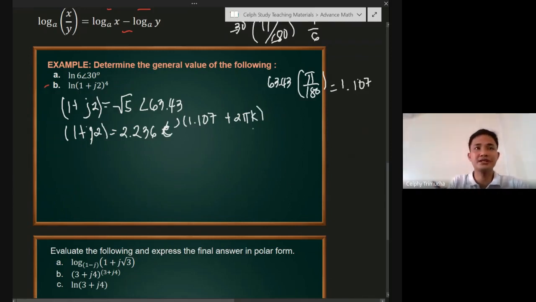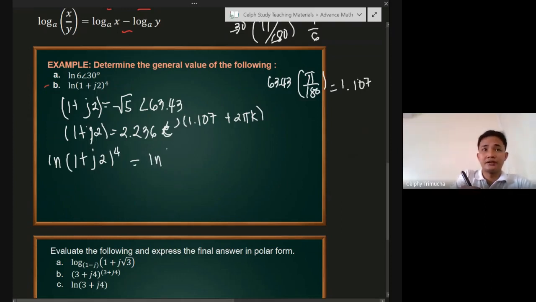So this time we will have to put the exponent 4, raised to the power of 4, and take the ln directly. So we have ln of (1 plus j2) raised to 4, which equals ln of 2.236 e raised to j times (1.07 plus 2 pi k), raised to 4.